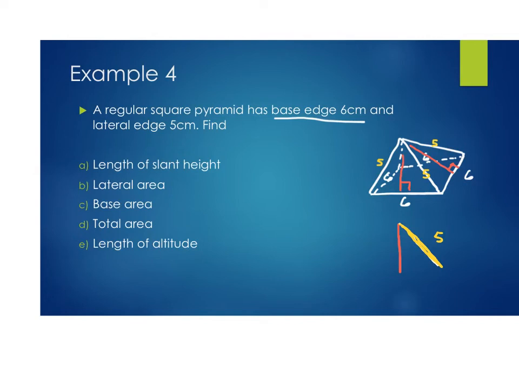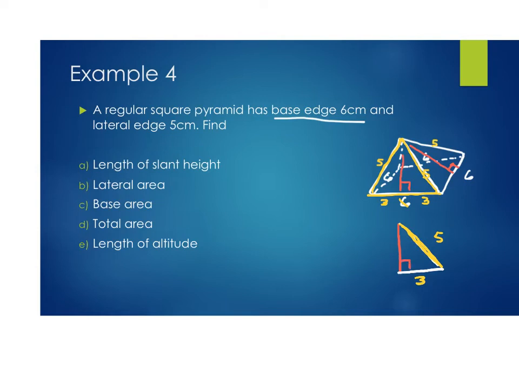Now, by drawing down the slant height here, notice this was originally an isosceles triangle. Here's a 5 and a 5, and now I've just split this 6, and now this is 3 and 3. So I have a 3 here, and now I need to find the slant height.